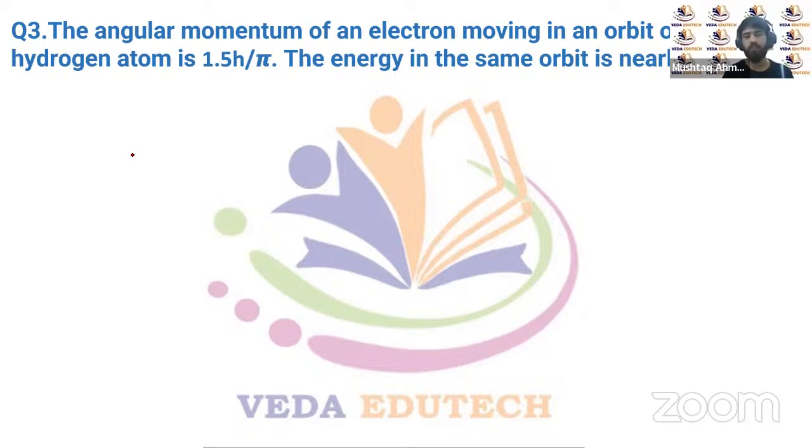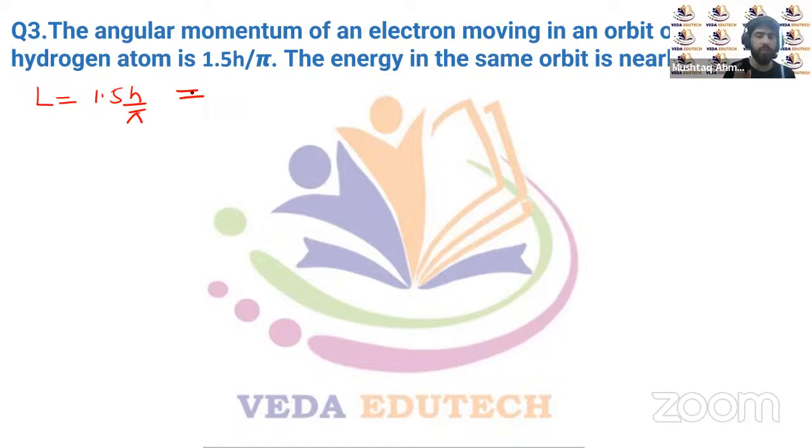First of all, let's find in which orbit the electron is moving in the hydrogen atom. It's given that the angular momentum L is 1.5 h upon pi. And we know that according to Bohr's model of the hydrogen atom, the total angular momentum of an electron in any orbit is an integral multiple of h upon 2 pi.